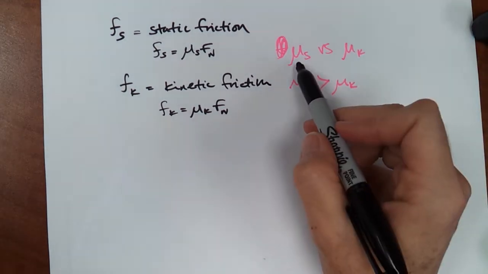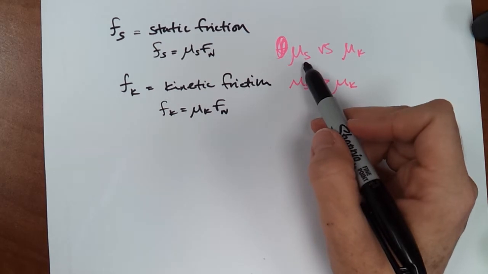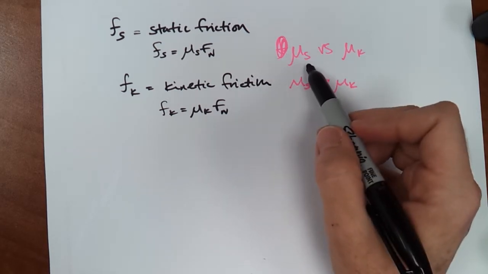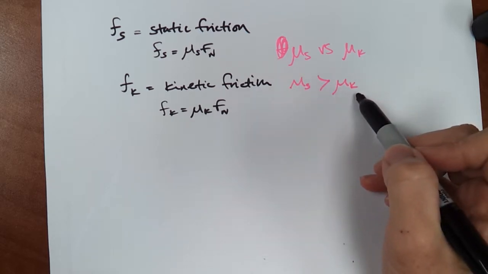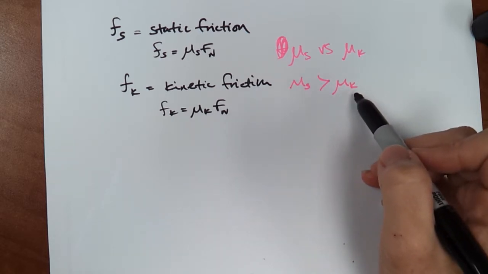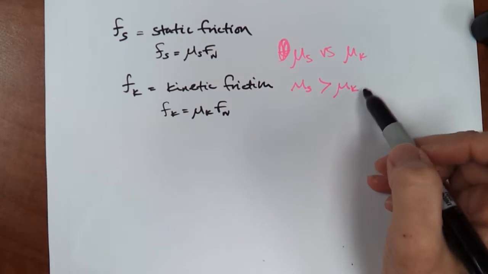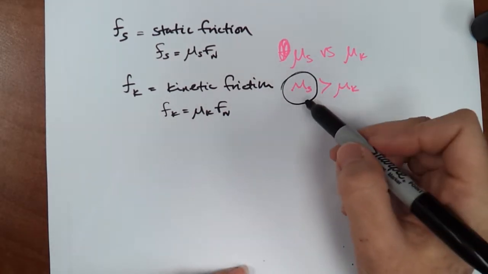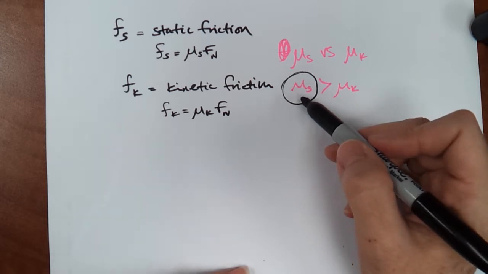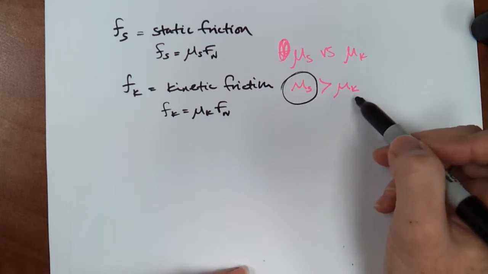So if you're looking at something on a surface, the coefficient of static friction between those two surfaces will be greater than the coefficient of kinetic friction for those same two surfaces. Think about it like this, in your own experience: it's harder to get something into motion, easier to keep it in motion.